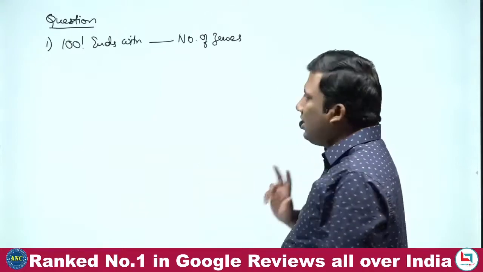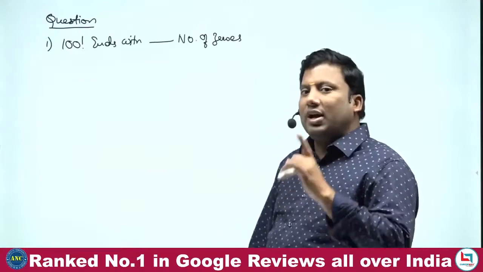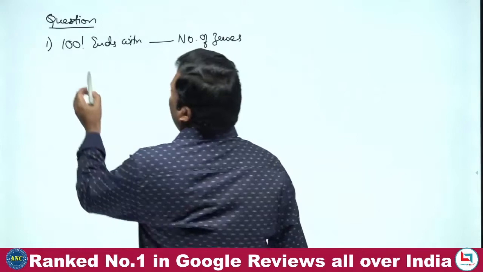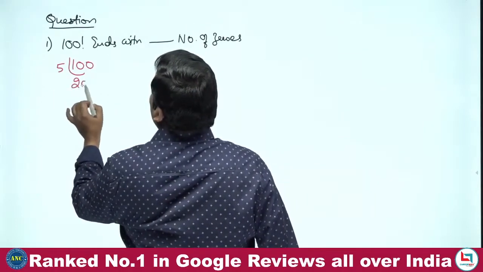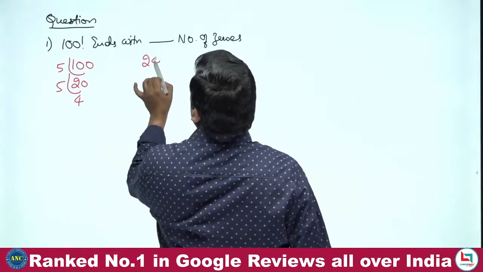Listen carefully, sir. 100 factorial. Is it factorial? Yes. In factorial, the number of ending zeros is equivalent to the power of 5. So 5 20s are 100, 5 4s are 20. Answer is 24.